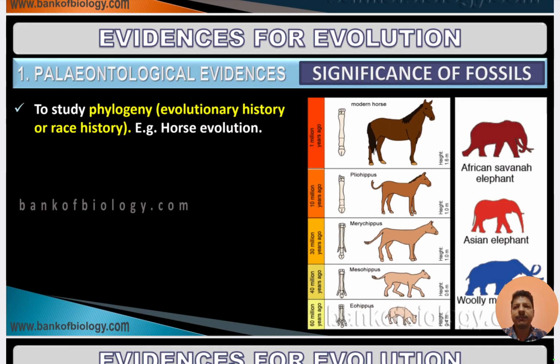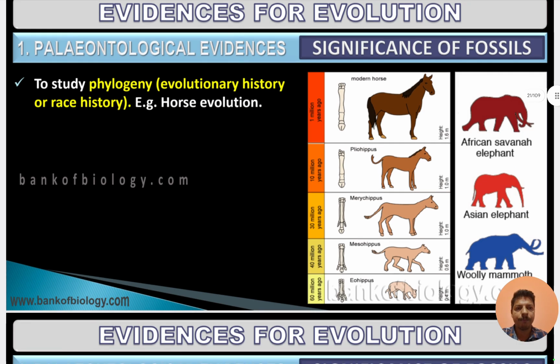Then, the significance of fossils is to study phylogeny, evolutionary history or race history, for example horse evolution. Here you can see 60 million years ago, horses are called Eohippus and height is only 0.4 meter. Then 40 million years ago, Mesohippus, height 0.6.